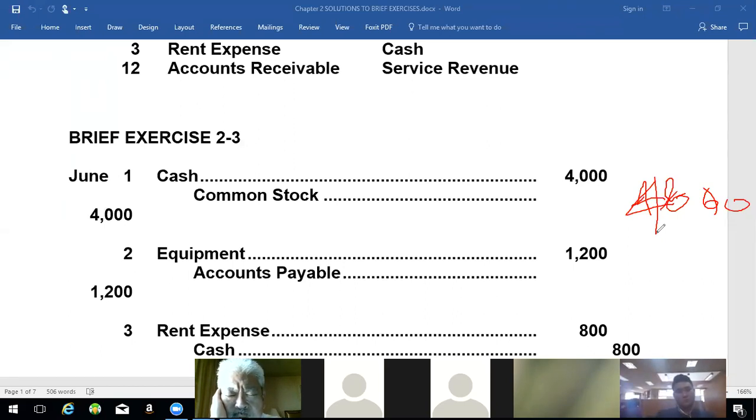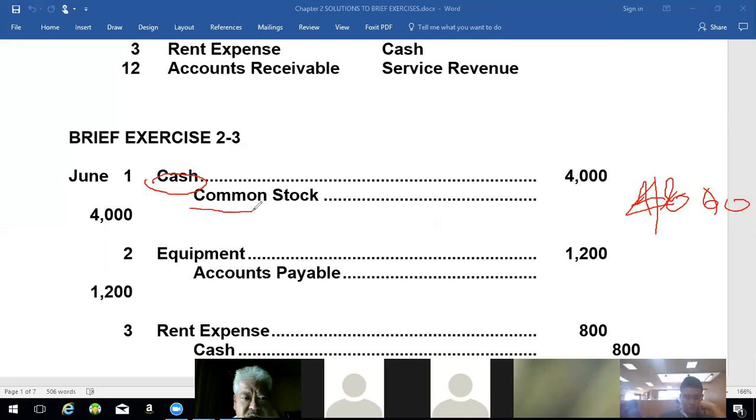And then also remember that you have debits and credits for every journal entry. So if you get stuck, and many people will get stuck, at least put down something that looks like it's an entry for a debit and something that looks like it's an entry for credit, and put it in the proper form where you see over here cash, and then indented is the credit, right? So that comes first on the left side.